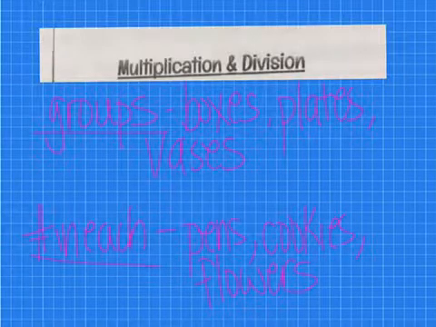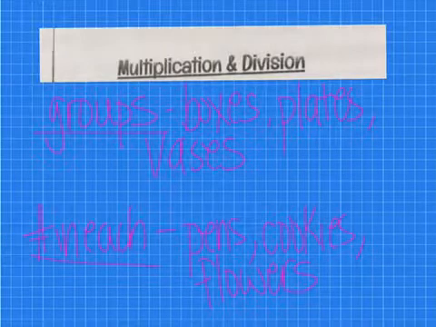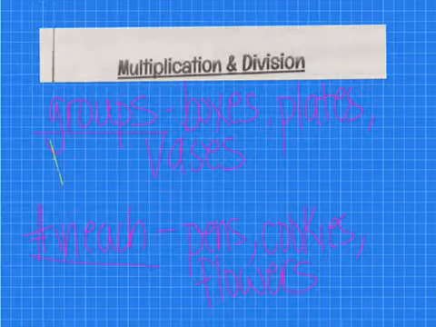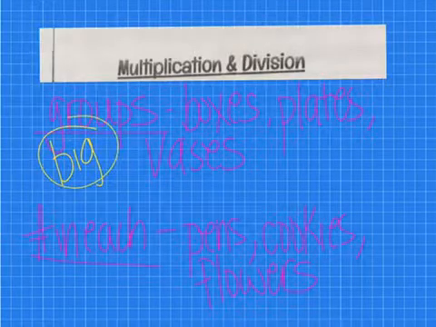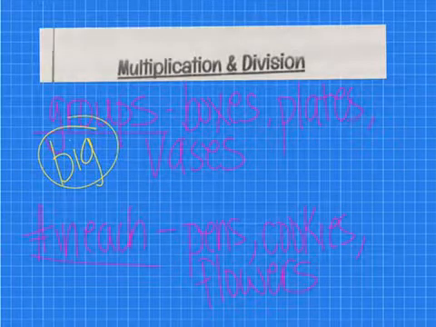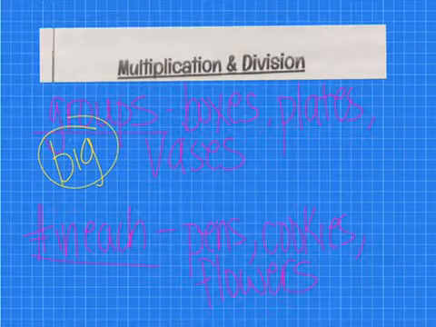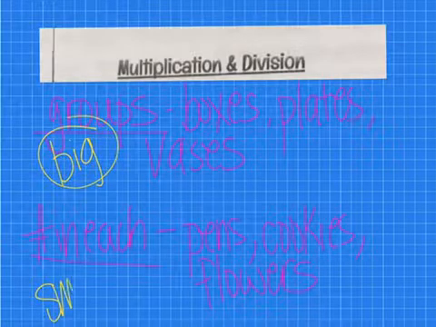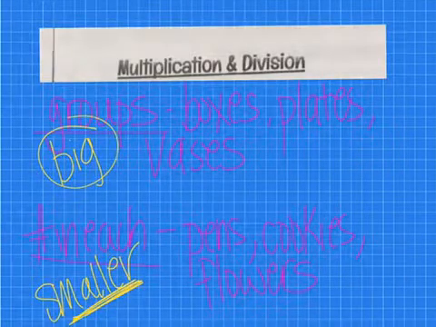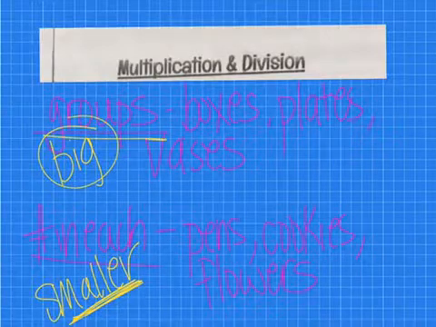So the way I want you to think about groups and the number in each group, the group is going to be the big thing. So the plate, the ice chest, the table, the classroom, a bus. The number in each will be the little thing, the smaller thing that can fit inside or go on top of your group.